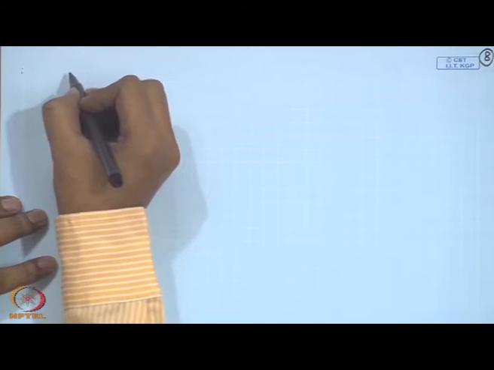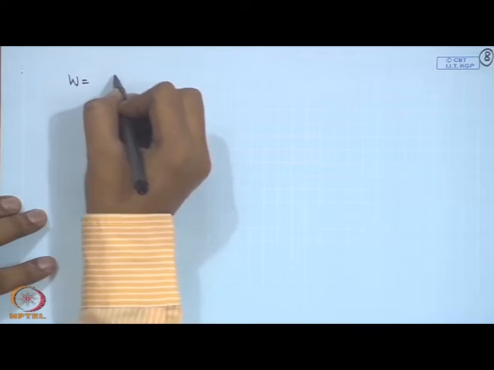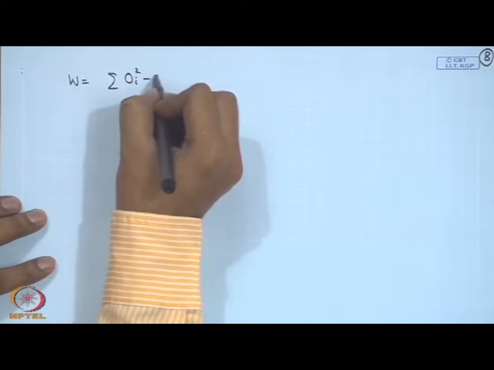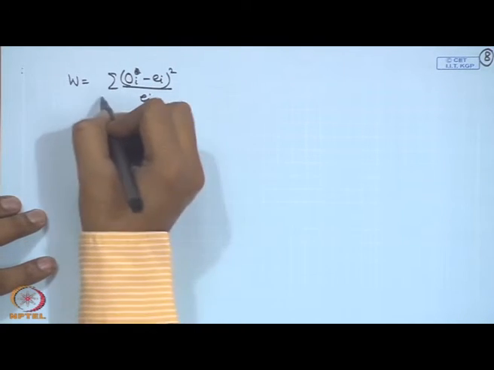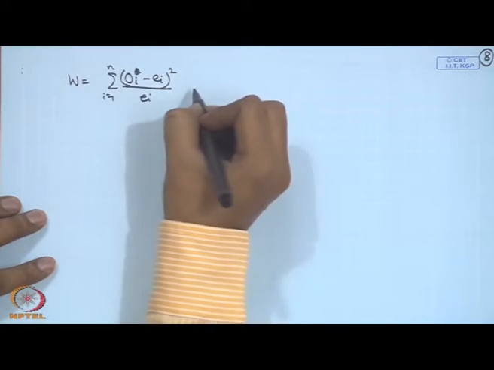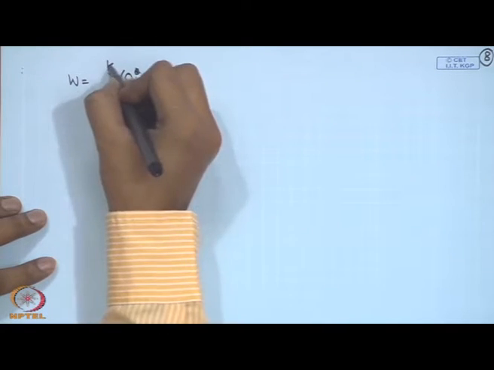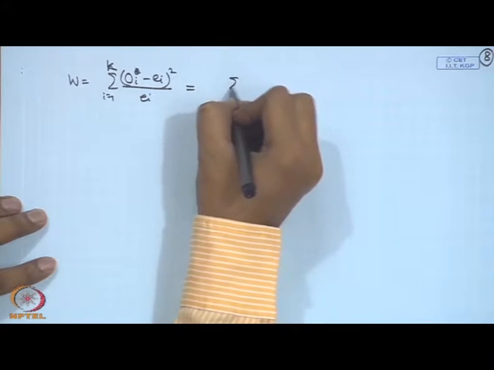So, we consider here W, that is equal to sigma (O_i minus E_i) whole square by E_i, i equal to 1 to k. This also has an alternative representation.